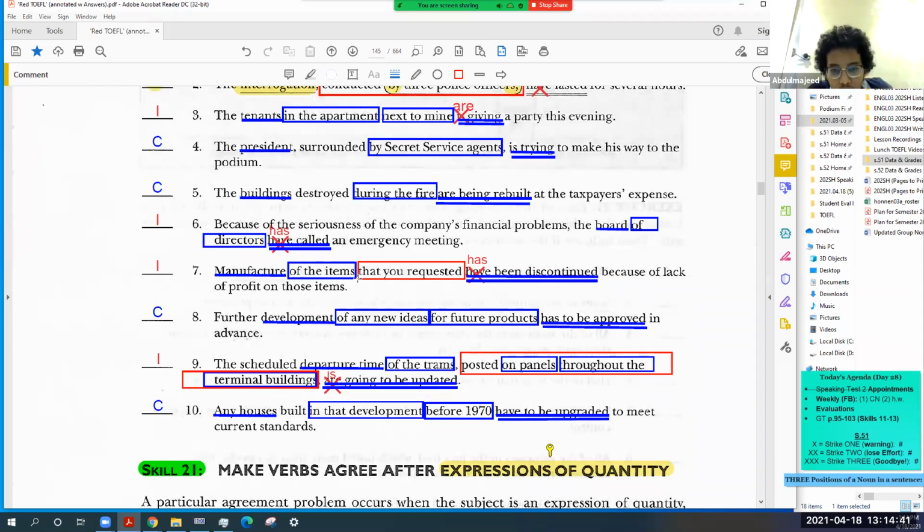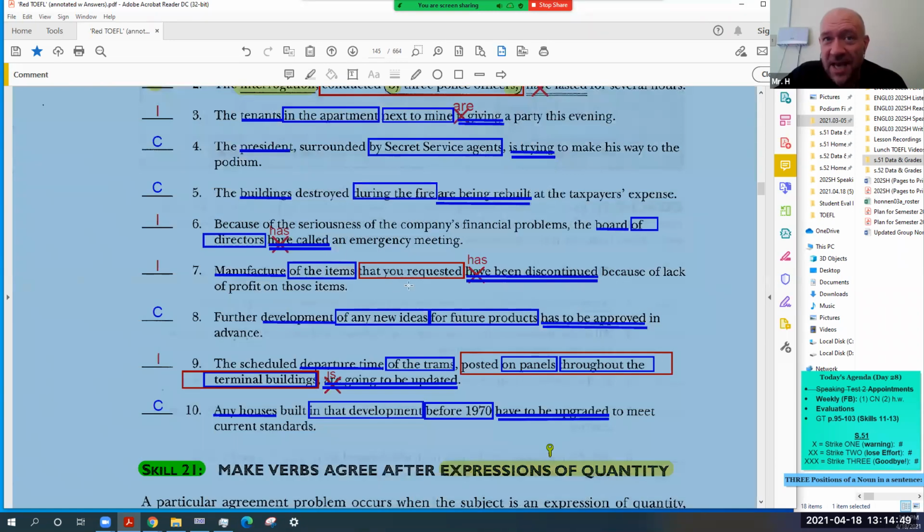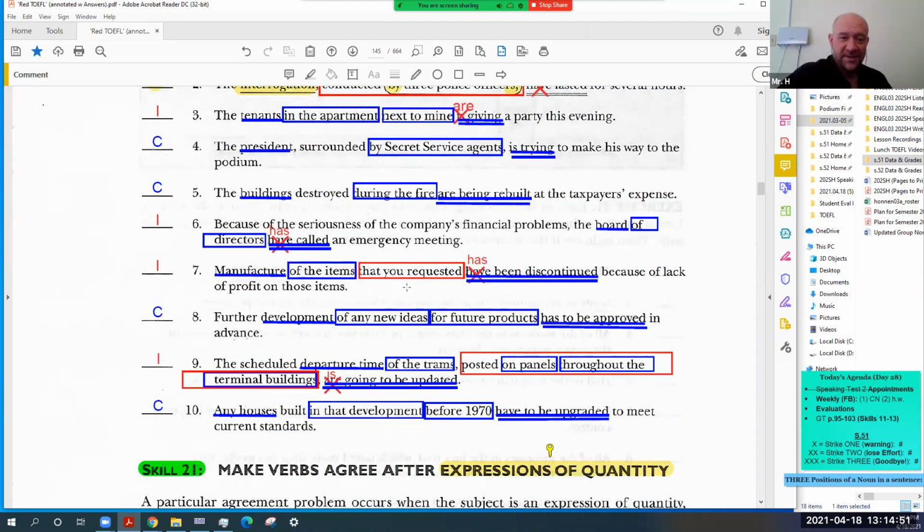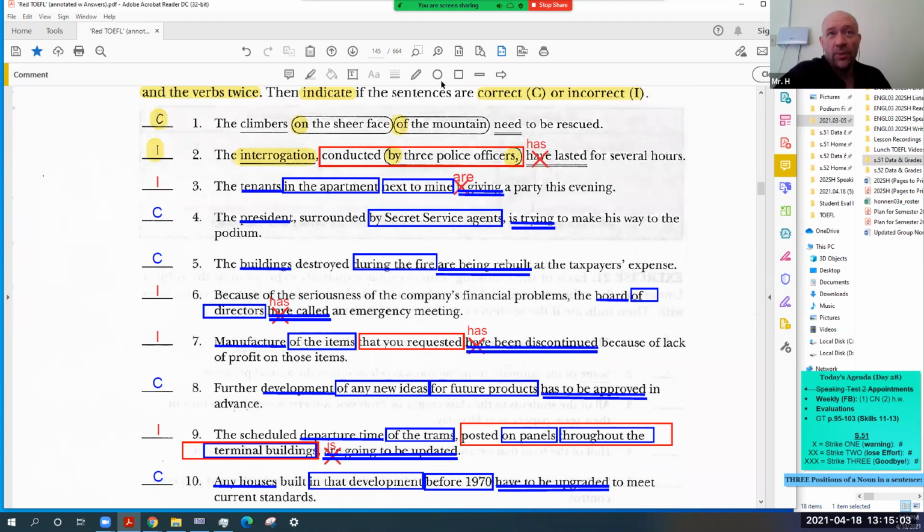It describes the items. Which items? The items that you requested. Do you understand? This is an adjective clause. And in number 4, we have a reduced adjective clause.